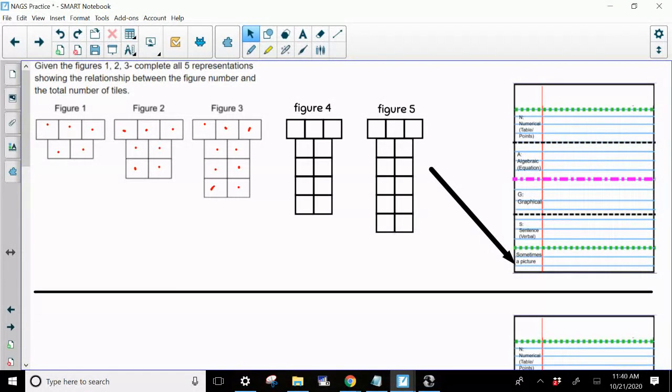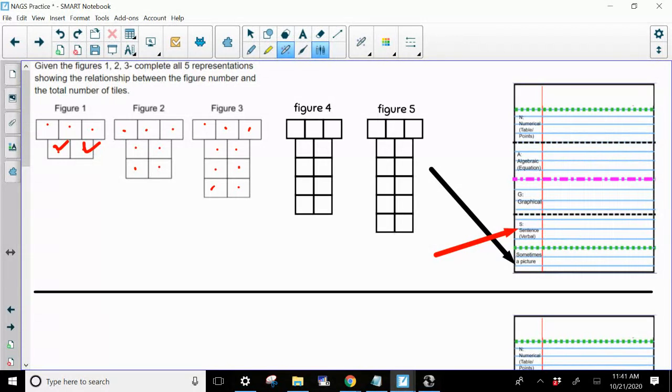So from there, I just did this, and as we were talking through this, it probably would help us to understand for our sentence portion of this. So we're going to write this out. We're going to start with 3 tiles on top, as we saw in all of these figures, and then we're going to add a row of 2 tiles for each figure number underneath.